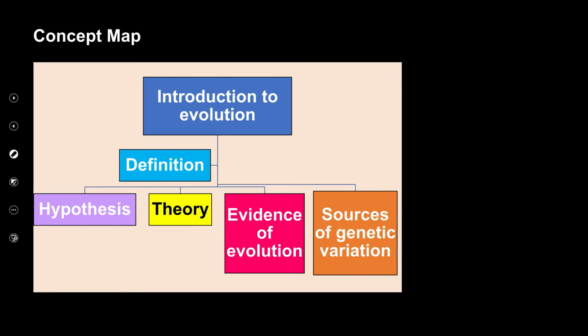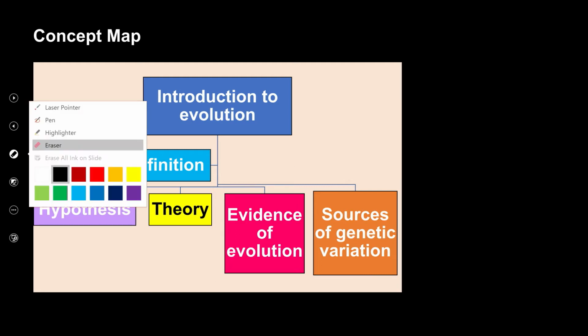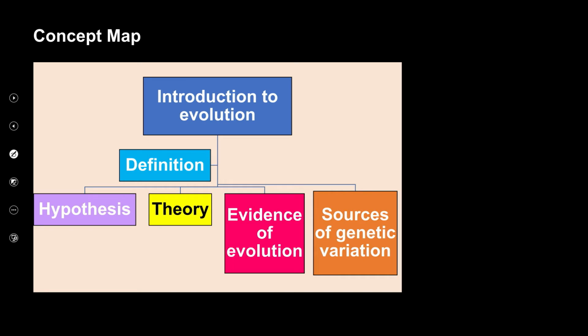Okay, so what we're going to have a look at now is specifically the definition of evolution. We're going to have a look at some examples where we see how evolution actually takes place.